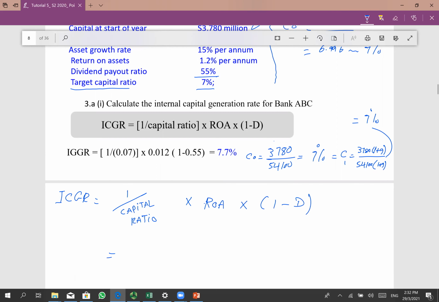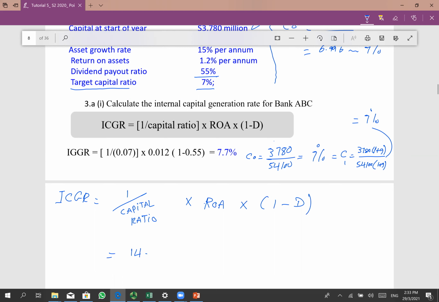So according to this, the capital was 14 times this. Actually, this is the assets compared to the capital.